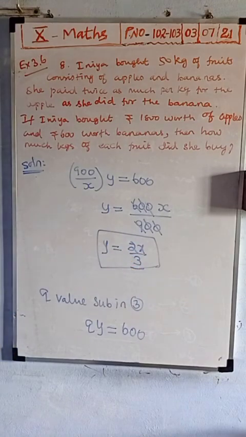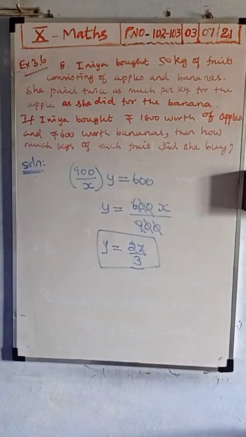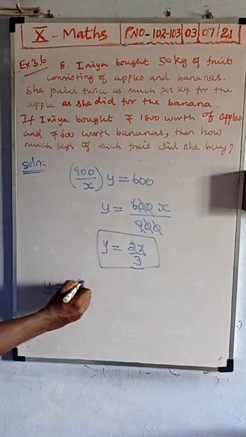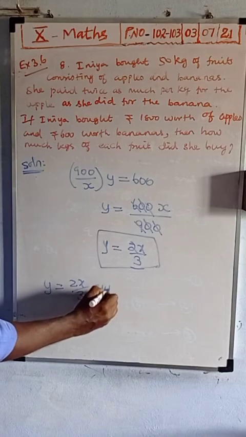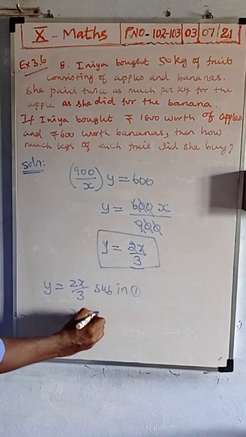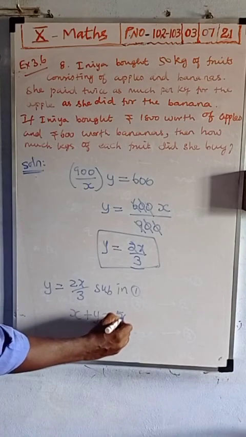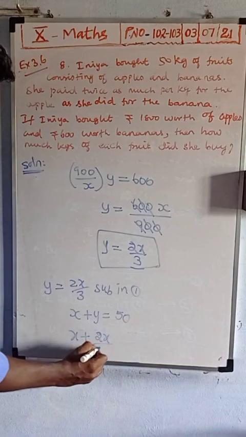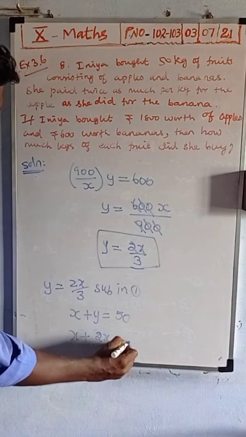Now from that we received the y value. Now substitute the y value in equation 1, x plus y is equal to 50. So instead of y, 2x by 3, x plus 2x by 3 is equal to 50.